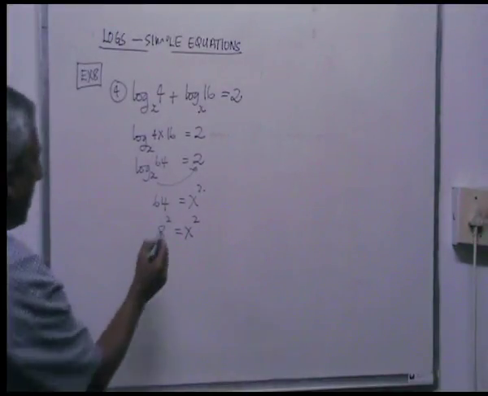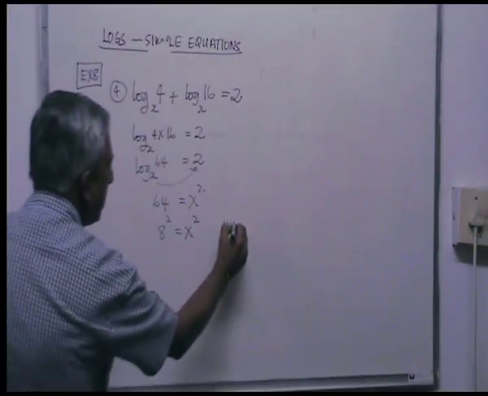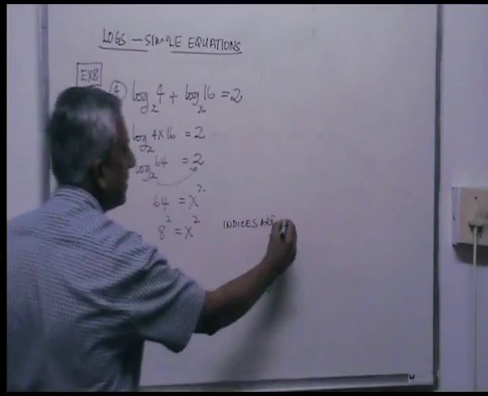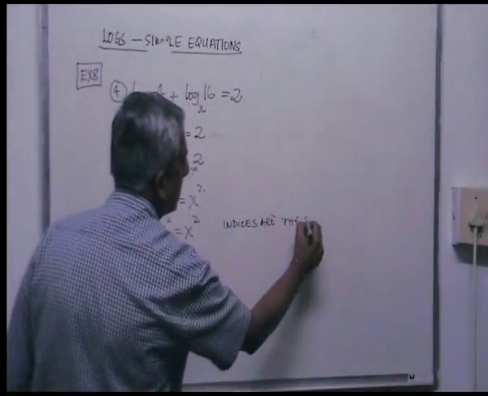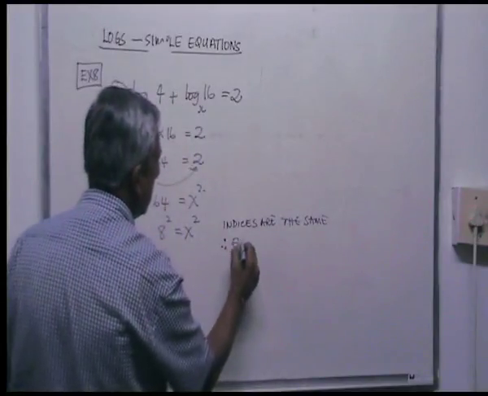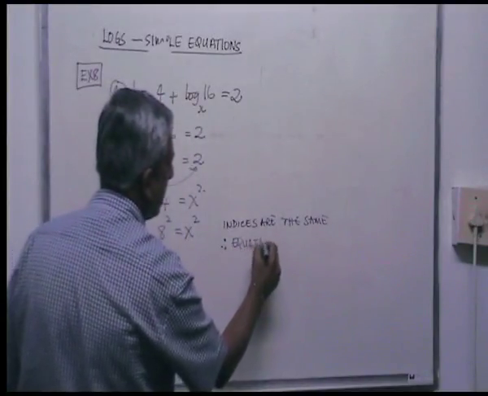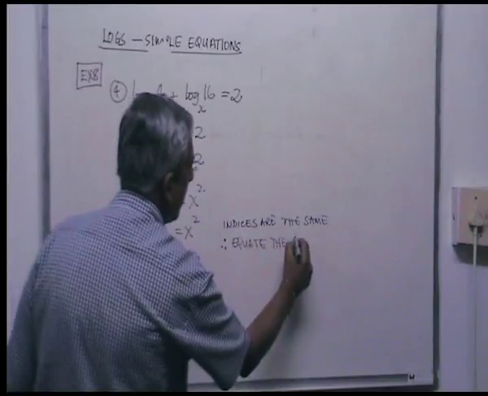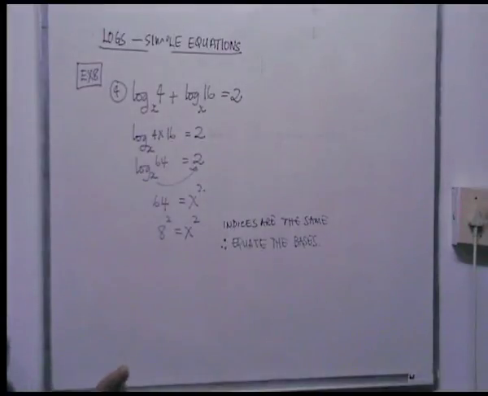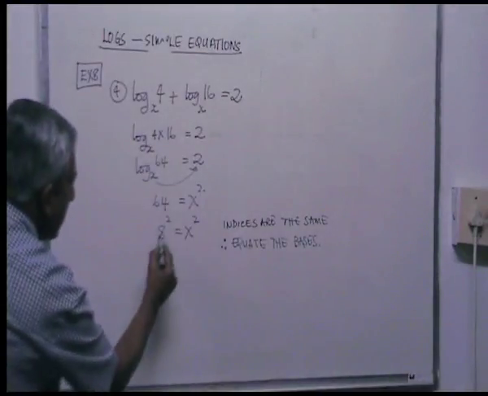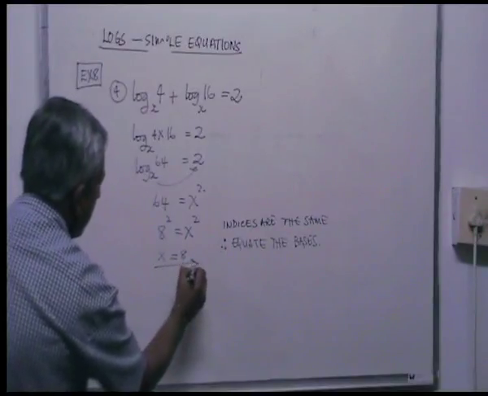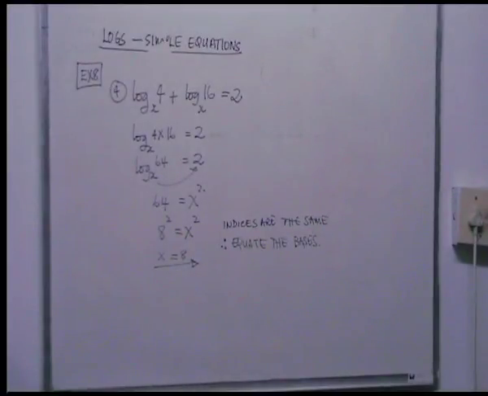Now, you can see, if the indices are the same, equate the bases. Equate the bases means make the bases equal. Therefore, the indices are the same, therefore, the bases can be equated. Therefore, the answer is x is equal to 8.